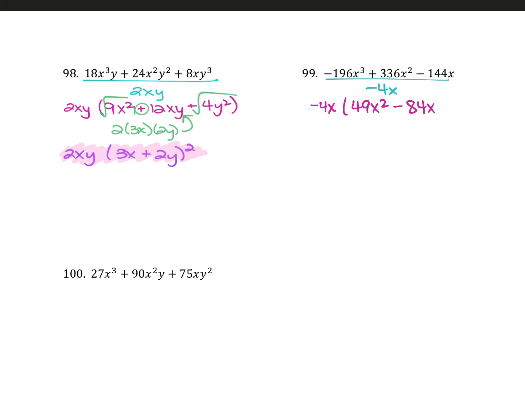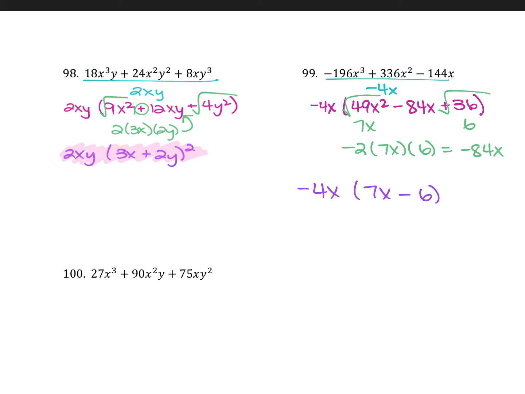And then that 144 divided by 4 is 36. So from here, you can take the square root of the 49x squared. You can also take the square root of the 36. It's 7x and 6. So if we did 2 times 7x times 6, that gives us the negative 84x. So this is just going to become negative 4x times 7x minus 6 squared.